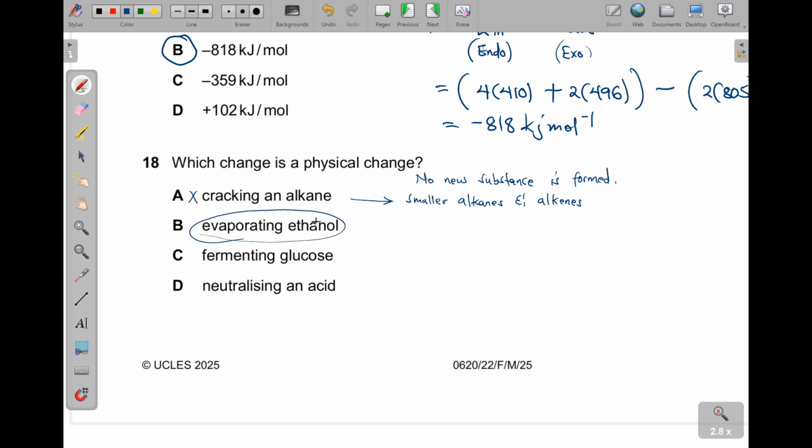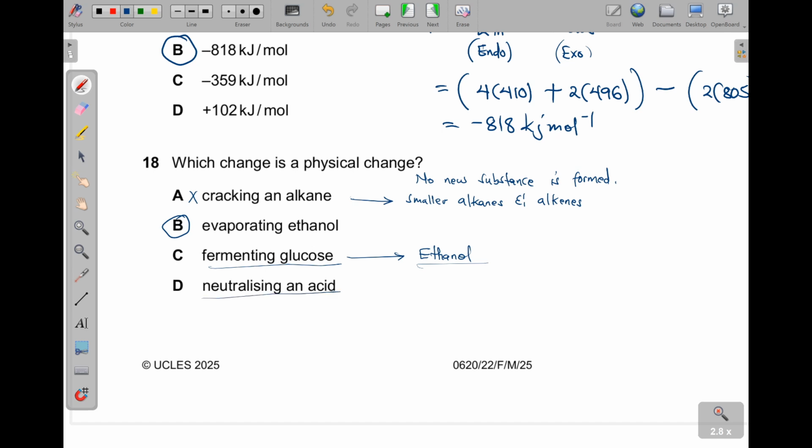Evaporating ethanol. Anything evaporated can be cooled, can be condensed back to that liquid. So B, let me first mark B. Fermenting glucose. When you ferment glucose, you actually get ethanol. One of the processes of obtaining ethanol is fermentation of glucose.